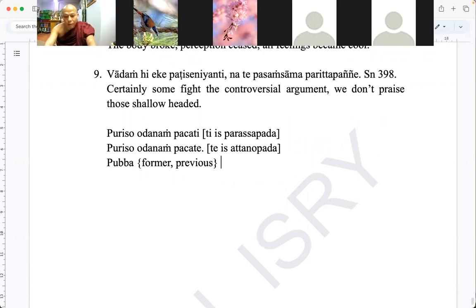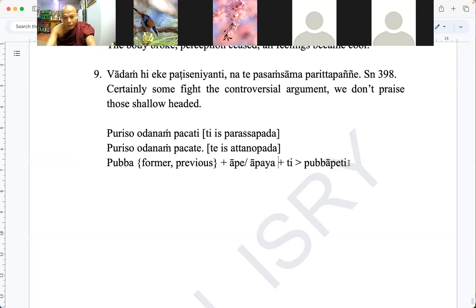With the denominative suffix or causative suffix aya and then the ti, we form the verb. Actually, in the dictionary you can find pubbayati, but pubbayati is not there; then aya also.